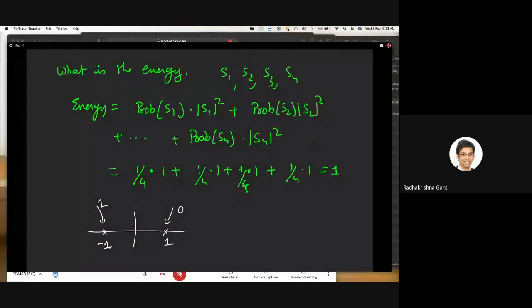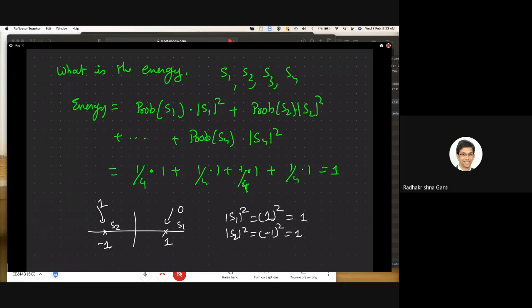So what is the energy of this? You call this S1, you call this S2. What is mod S1 square? This time it is not a complex number, just a real number because it's BPSK, and it will be 1. Similarly, mod S2 square will also be minus 1 whole square, which is equal to 1.